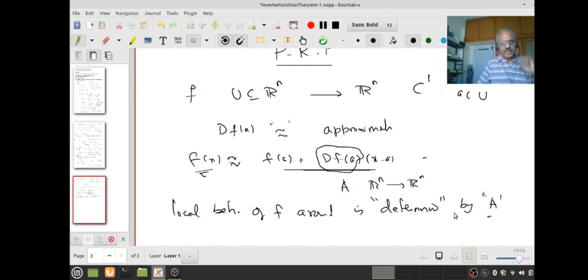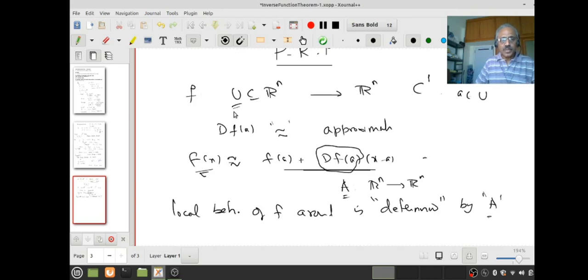What do I mean by that? Suppose my A is 1-1; naturally in this case it is going to be onto also, because both dimensions are the same. If it's a bijection, especially if it's 1-1, then I want to say f is going to be 1-1, but not on the entire domain u, because the derivative is a local approximation. So what should I expect?